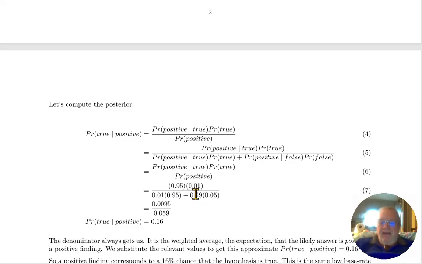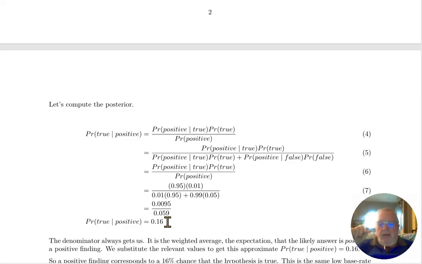Base rate and its complement, not base rate, which is the probability of false. And it's weighing together positives and negatives. And there we go. Very small number in the numerator, less small in the denominator. Answer is 16. Not 42.